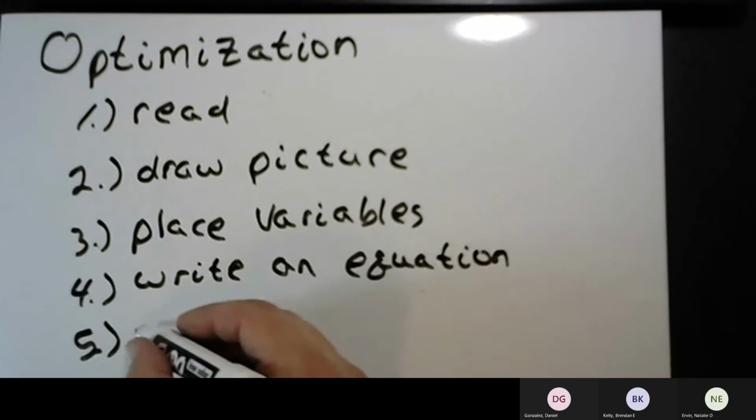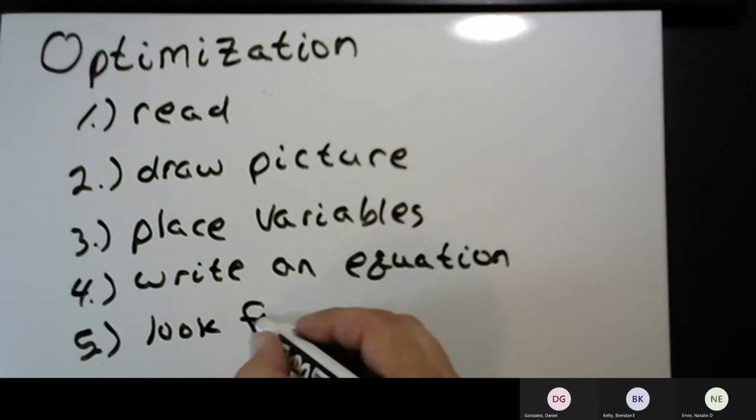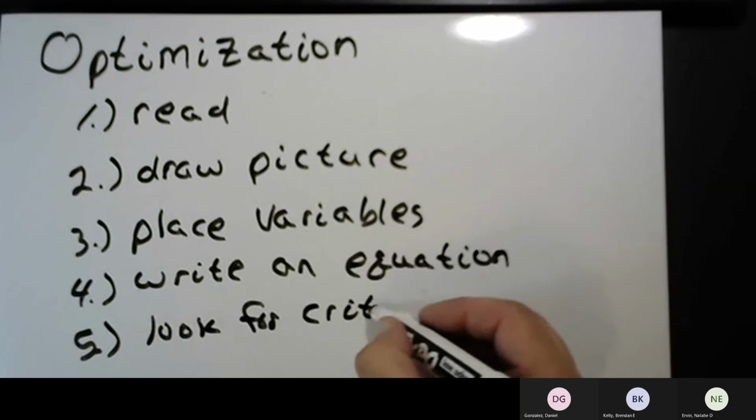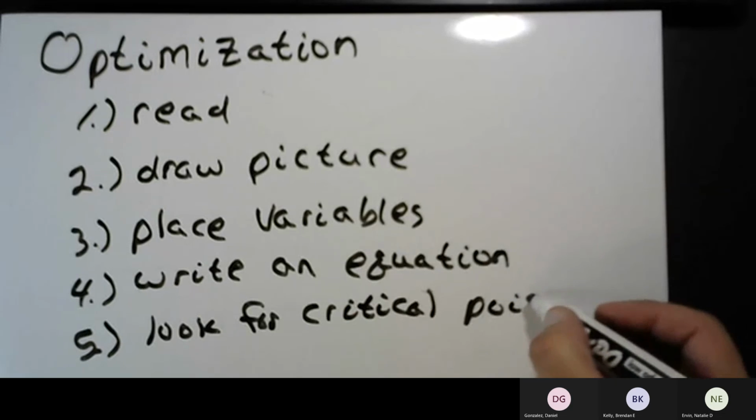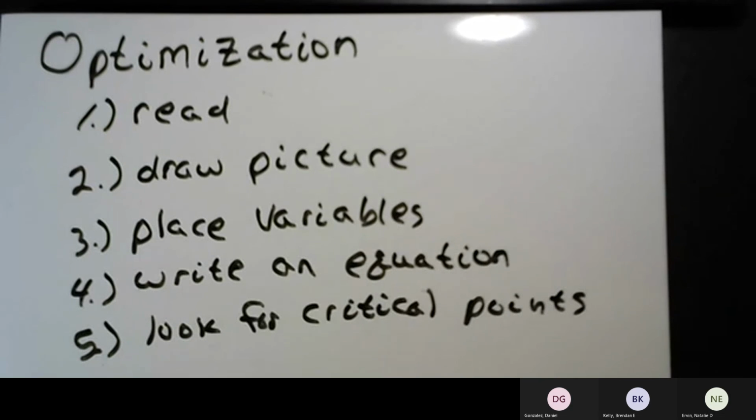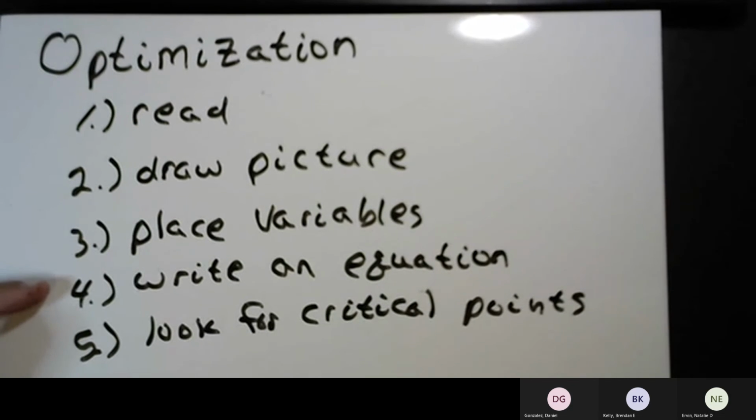And fifth, we're going to look for critical points. So we're going to read your problem, get an idea what's going on, draw a picture, place variables in that picture, write an equation, and then take a derivative of this equation and look for critical points.